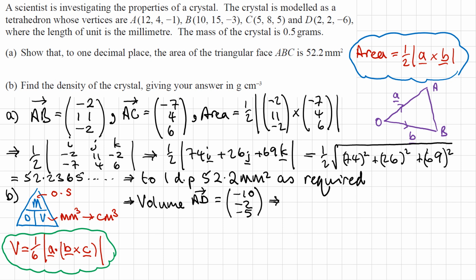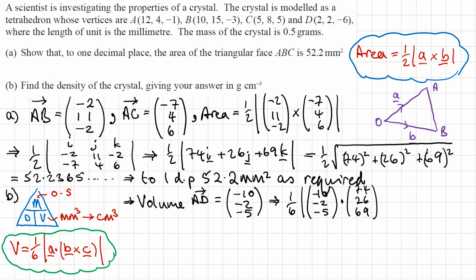So our triple scalar product is just now going to be the dot product of this and this vector, which we've already done the cross product of. So that will be 1/6, then the modulus of the dot product of this (-10, -2, -5) and (74, 26, 69).